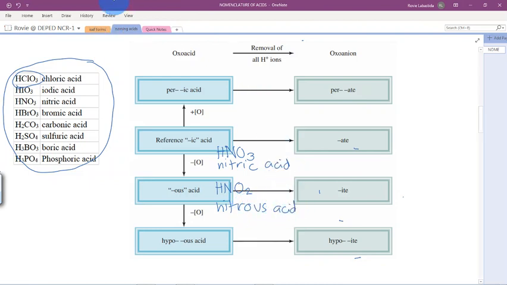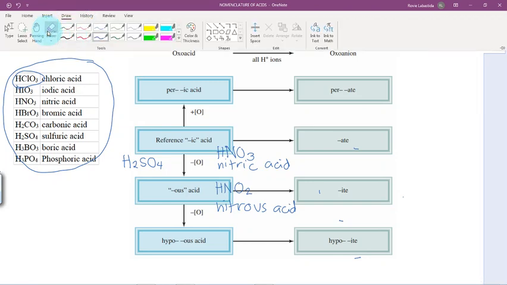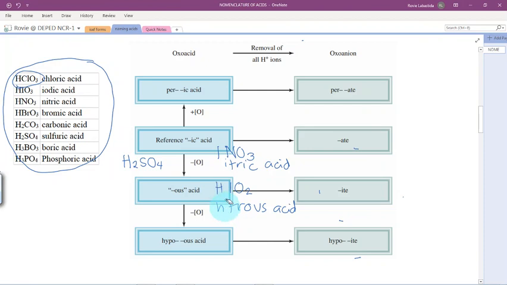Now, another example. Let's have sulfuric acid, H2SO4. Let me just erase some of the things that I've written, and annotate again.